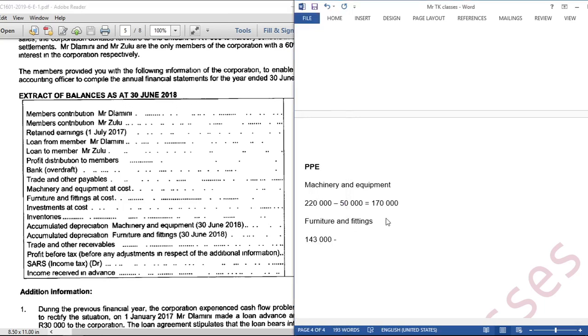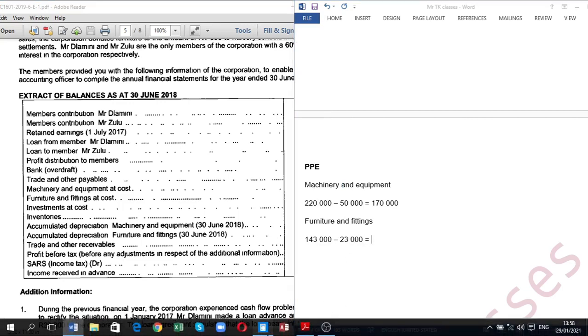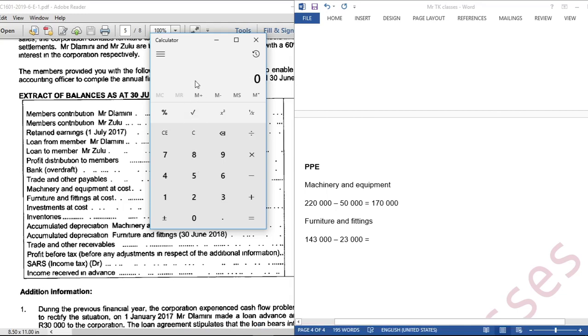So that's 23,000. What do we get there? 143,000 subtract 23,000, we are going to get 120,000. Now for property, plant and equipment, we are simply going to say 170,000 plus 120,000.